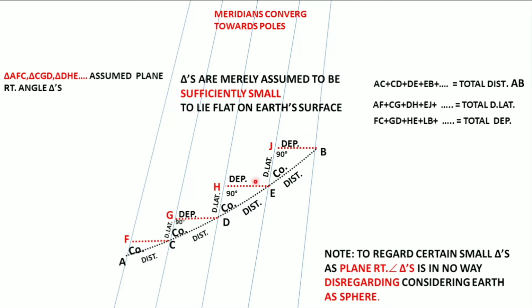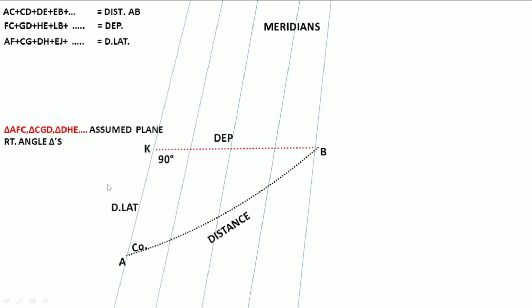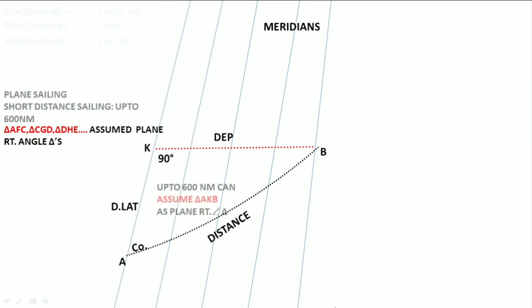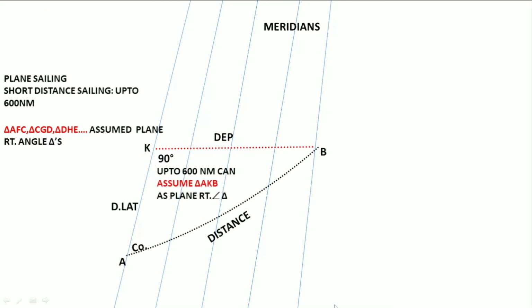Now, when we are assuming all these as small right angle triangles, we can assume even this triangle BAA as a plain right angle triangle, and that is acceptable for short distance sailing, which is up to 600 nautical miles. Above 600 nautical miles, when we talk about the mean lat formula, if the D-lats are too big or your latitudes are too high, then this assumption is not acceptable.